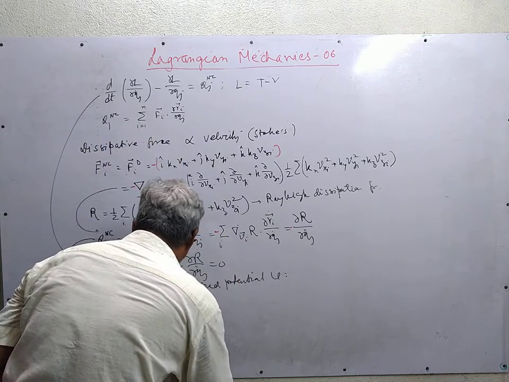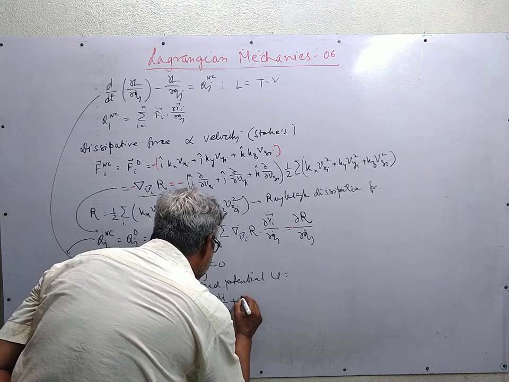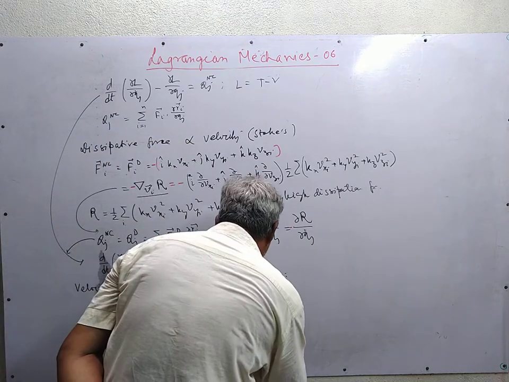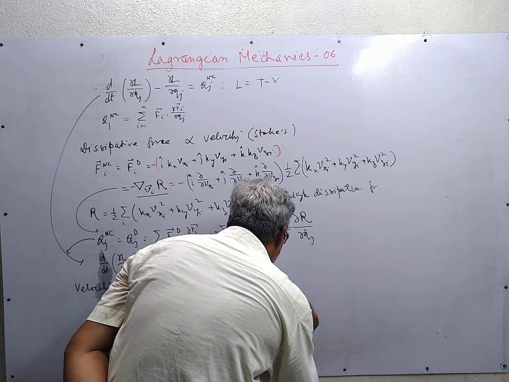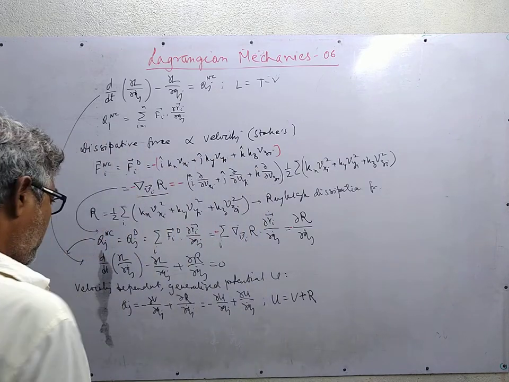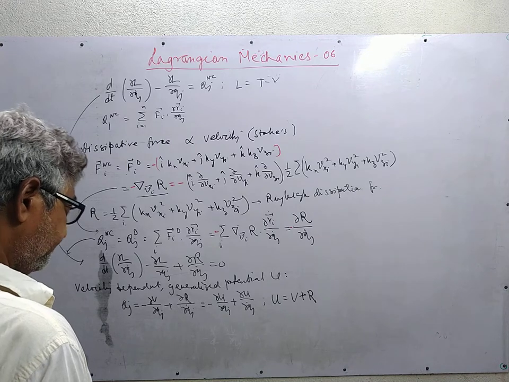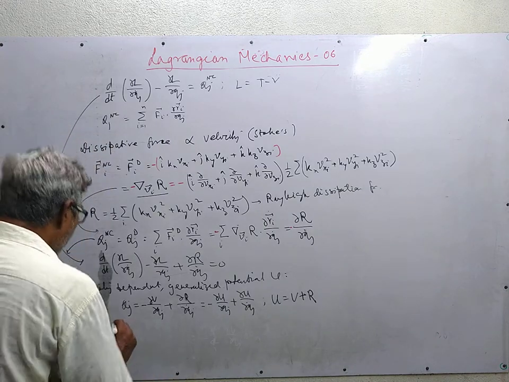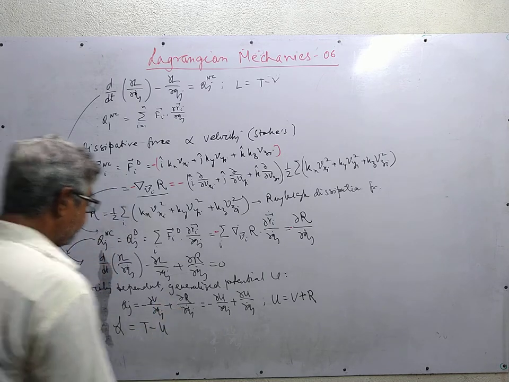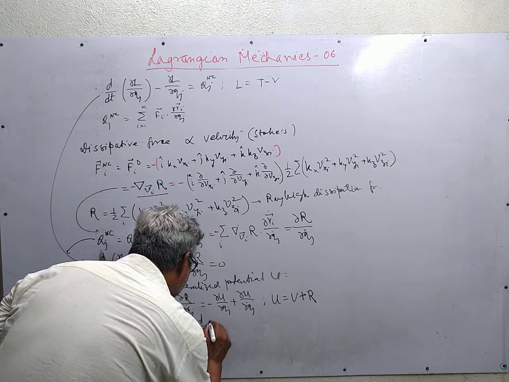We write it as del U del Qj plus del U del Qj dot, where U is written as V plus R. So this is the generalized potential, and consequently one defines the generalized Lagrangian L equal to T minus U. This generalized Lagrangian indeed satisfies this equation.